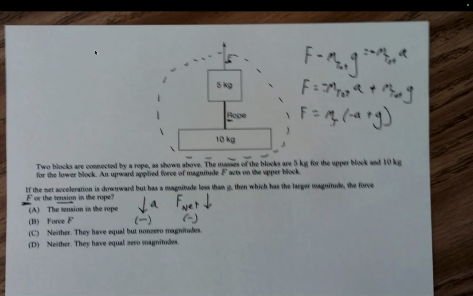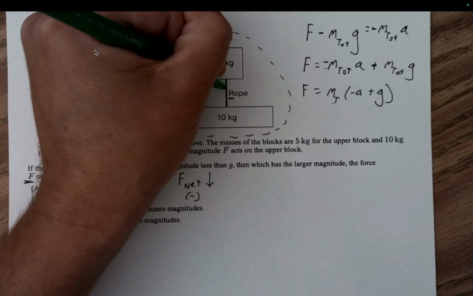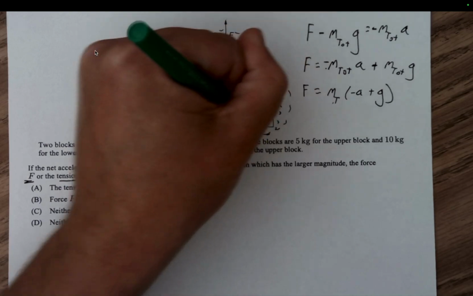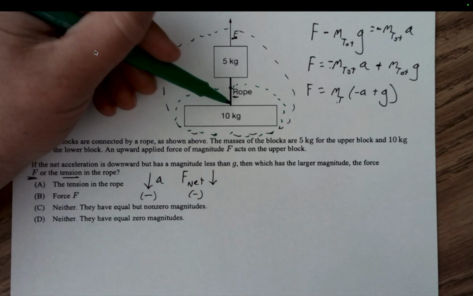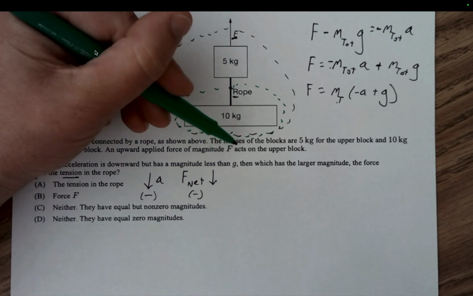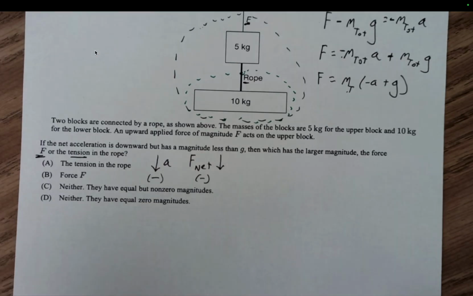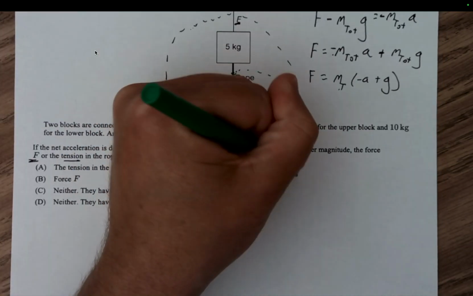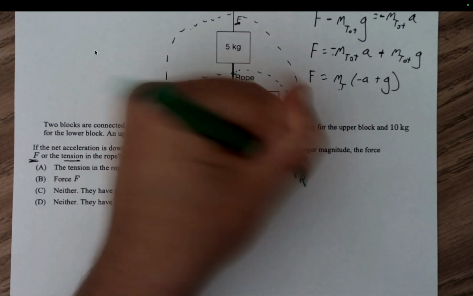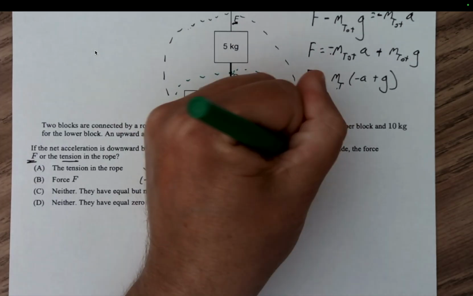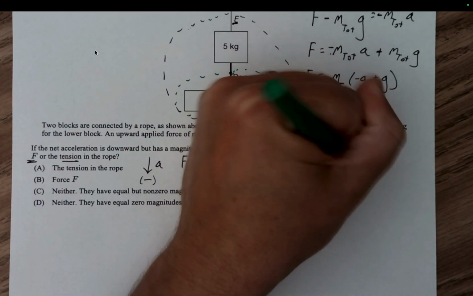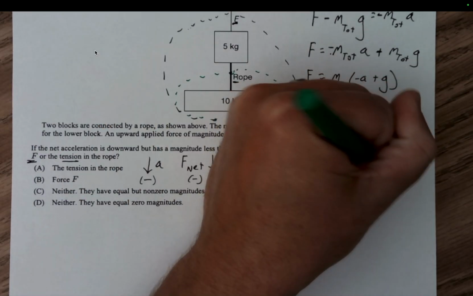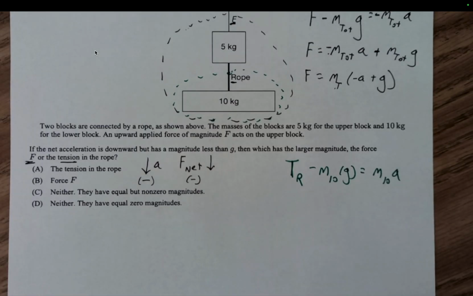So the next part I'm going to take for the rope. I want to try to find the rope. So as I put the dash mark here, I have a rope going up and I have gravity acting on the 10 kilogram object. So in that case, my force due to tension on the rope minus the mass of the 10 kilogram object times G is going to equal the mass of the 10 kilogram object times the acceleration of the system.